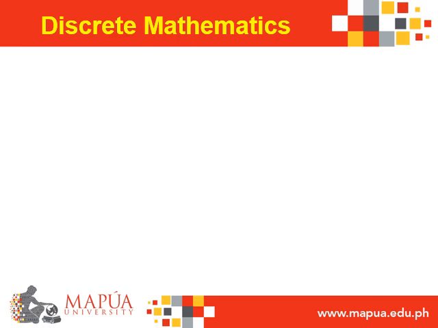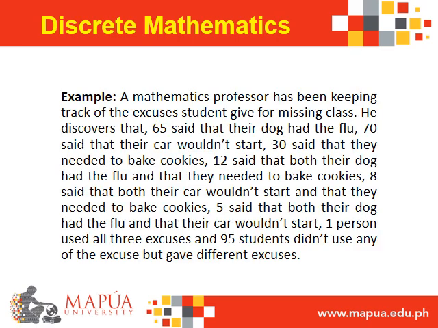Let's evaluate examples this time involving cardinality of union of sets. Given in this example, a mathematics professor has been keeping track of the excuses given by his students for missing his class.